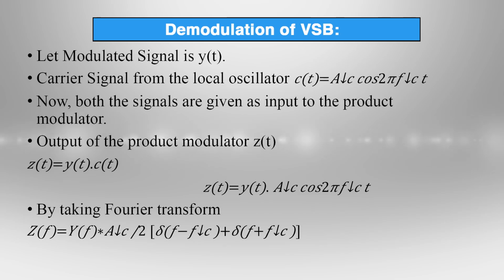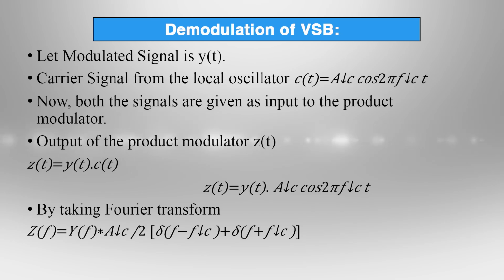Then the output of the product modulator is represented by z(t), which is equal to y(t) into c(t), or it can be written as z(t) equal to y(t) into Ac cos 2πfct.